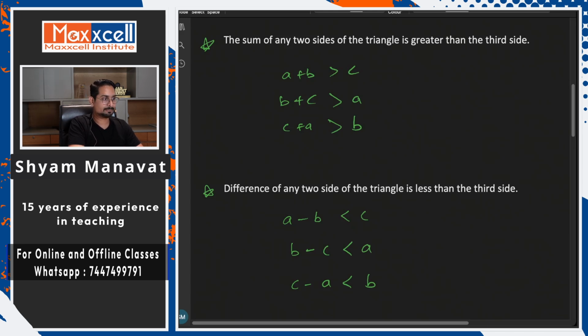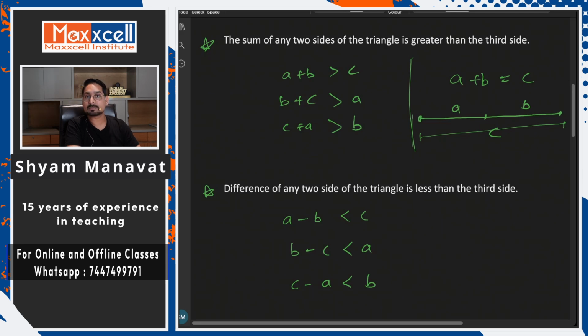Let's say a plus b is equal to c. That means it should be a straight line, isn't it? a and b, and this entire thing is c. a plus b equal to c.